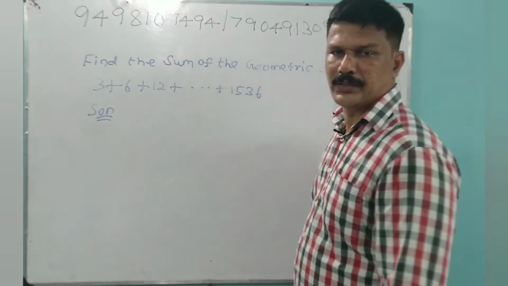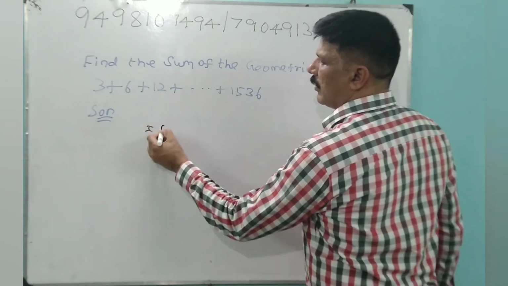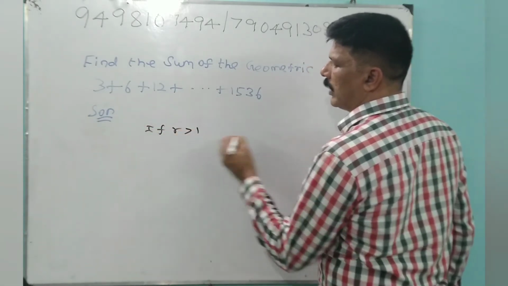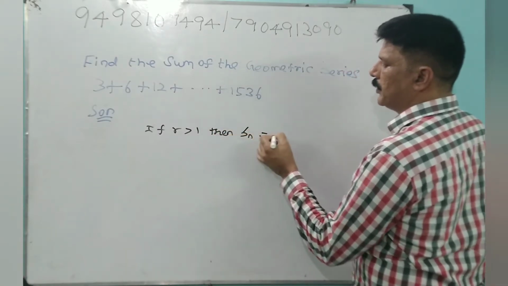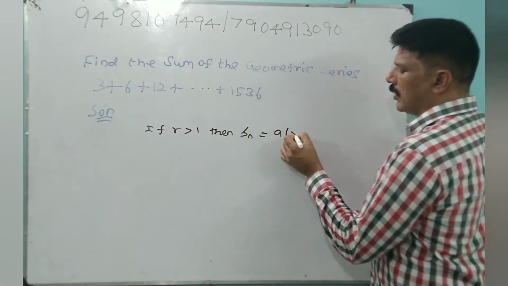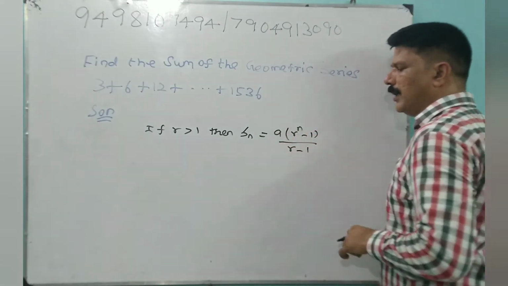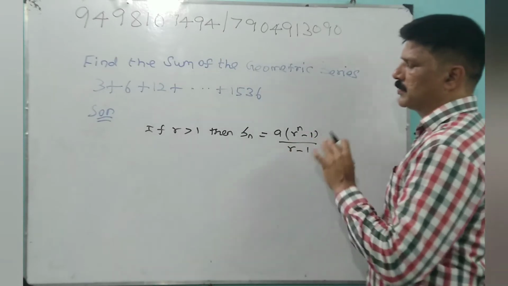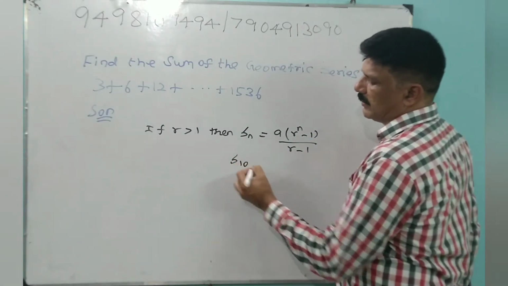Here r equal to 2, so r greater than 1, then Sn equal to a into r power n minus 1 divided by r minus 1 is the formula. Here we substitute. What is the n? Yes, n is 10.